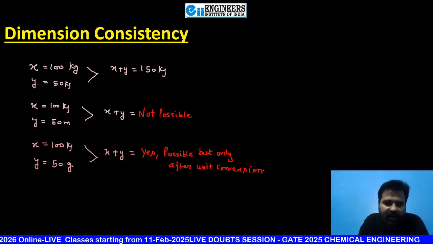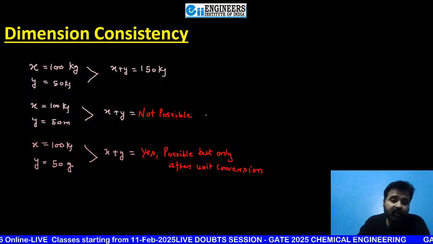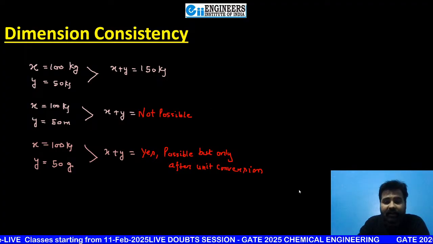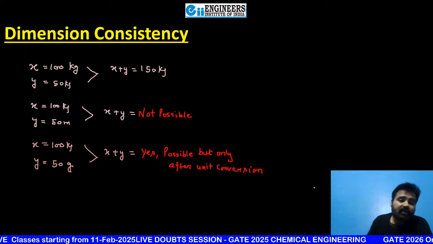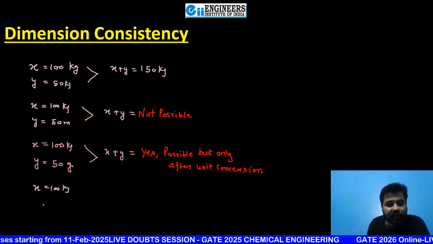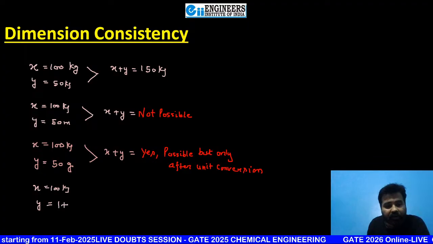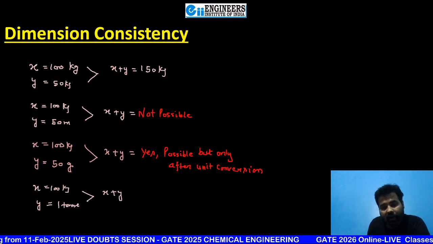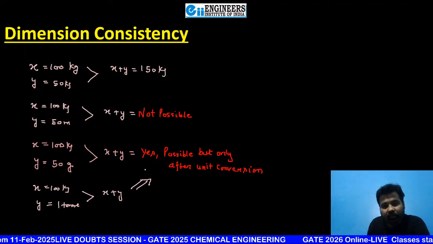What I want to tell you, beta, is that x is 100 kilogram and y is 50 gram, or maybe in some place I can also write x as 100 kg and y as 1 ton. Again this is possible, no? Again x plus y is possible, but how?